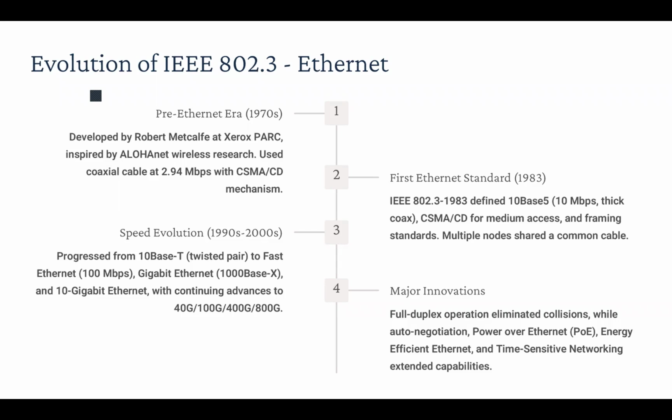Now, the IEEE developed the first Ethernet standard in 1983 as IEEE 802 Part 3. That standard aimed to define the 10BASE5 physical layer, which used a thick coaxial cable for 10 megabits per second communication.